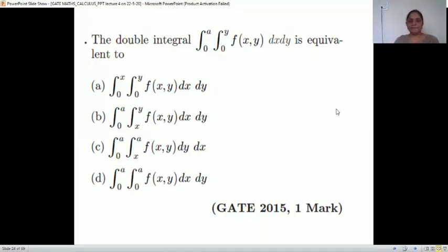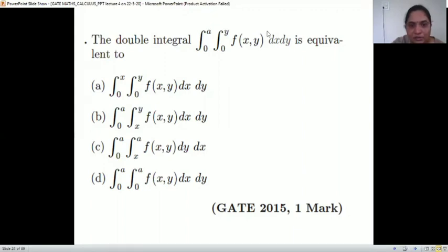The double integral, integration 0 to a, integration 0 to y, f of x y dx dy is equivalent to, this is equivalent to. Which type of question is it? Can you tell me just what you have to do here to show it is equivalent?